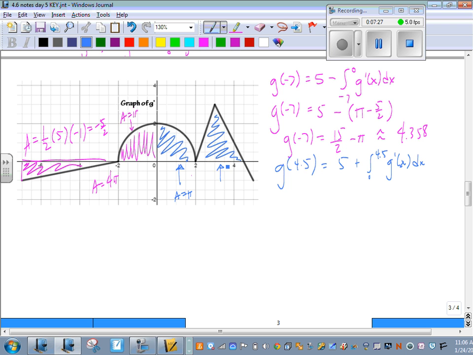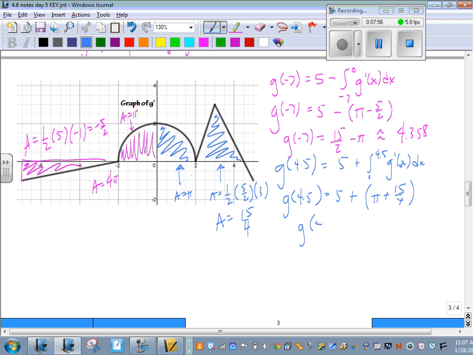This triangle we can figure out. Our base is 2.5, 5/2, and the height is 3. So the area here we get 15/4. G of 4.5 is going to be 5 plus pi plus 15/4.